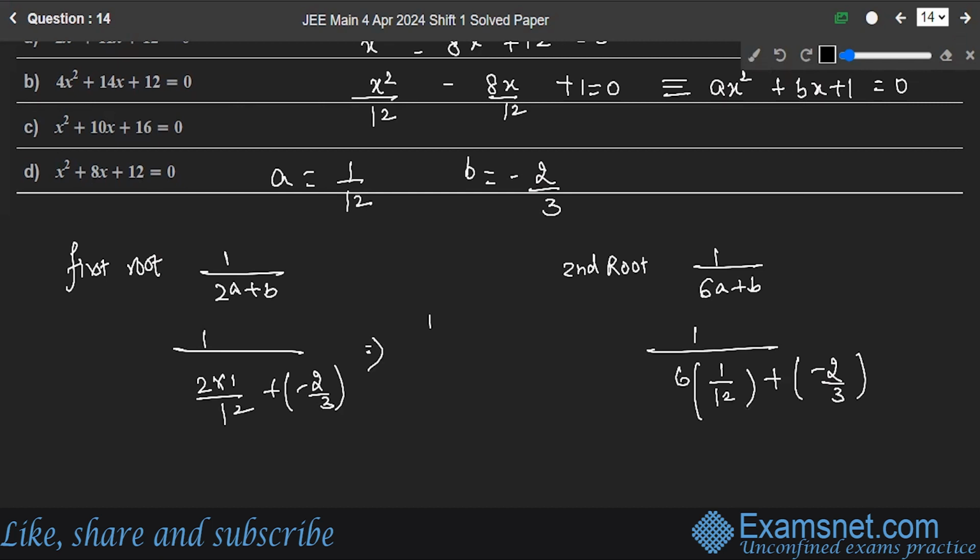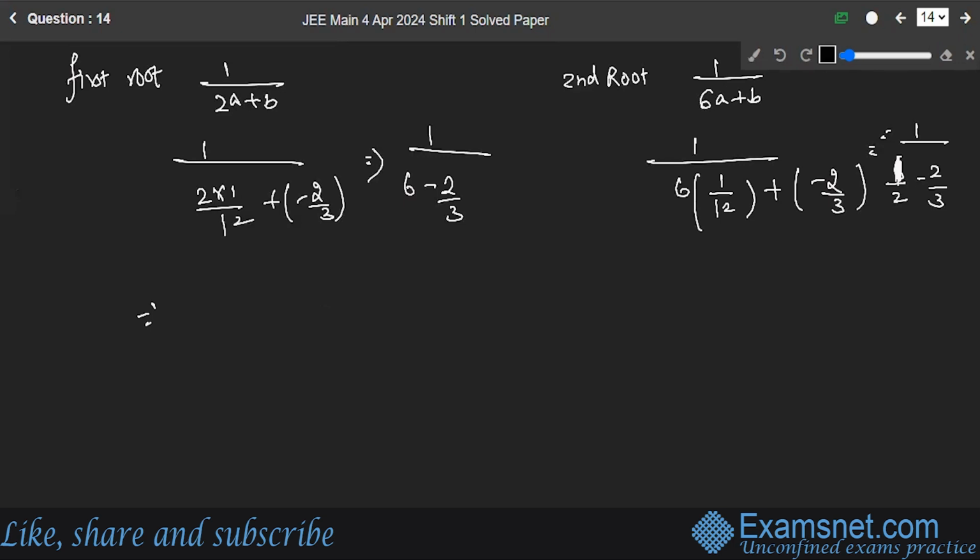This gives you 1 upon 6 minus 2 by 3, and this gives me 1 by 2 minus 2 by 3.